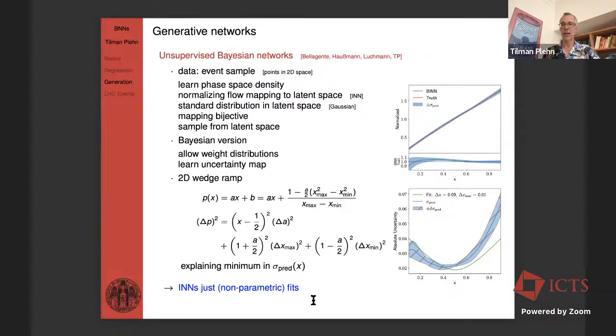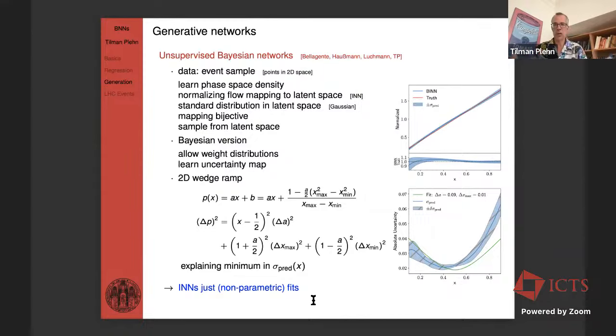Another thing, if you don't know how stable your network is, if you're just starting to play with your network, you might want to know where your network is not learning very well. I mean, you're unsure, again, use a Bayesian network because it tells you where the uncertainty is large. If there's enough training data, if you're unsure, use a Bayesian network.